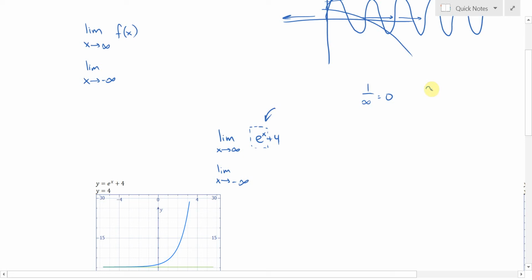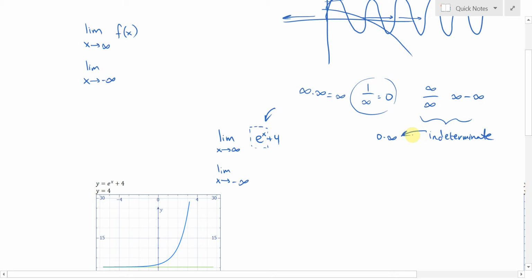But also remember that infinity divided by infinity and infinity minus infinity are what we call indeterminate forms, so you have to do some algebraic manipulation to figure those out. Another indeterminate form to watch out for is 0 times infinity.